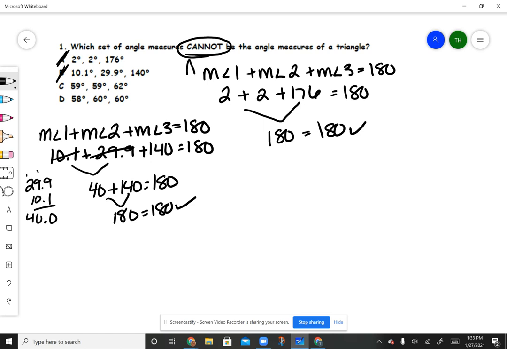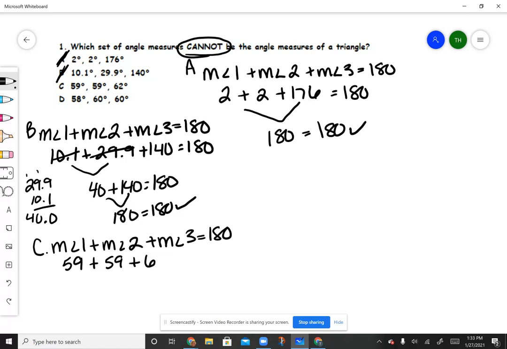Okay, so this was A, this was B. Let's do C right down here maybe. Measure of angle 1 plus the measure of angle 2 plus the measure of angle 3 equals 180. Plug them in. 59 plus 59 plus 62 equals 180. 59 plus 59 is 118 plus 62.